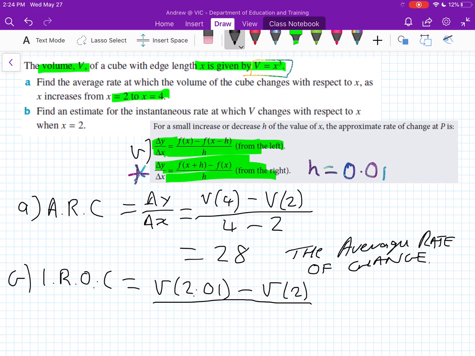So it has an estimate for instantaneous rate of change, and over our h value, which is 0.01. So this here equals 12.06. So we can say an instantaneous rate of change is approximately equal to 12 when x is equal to 2.